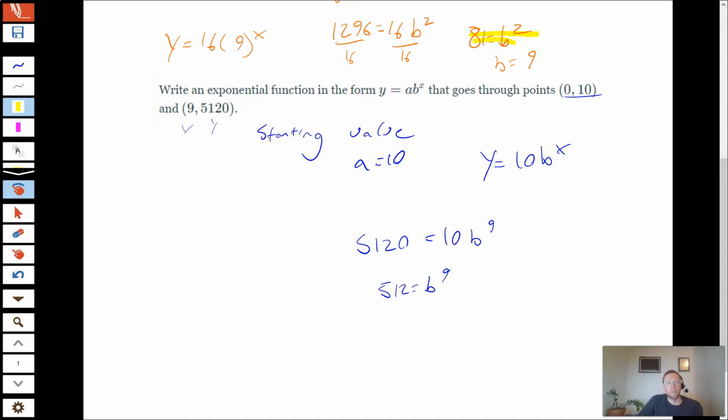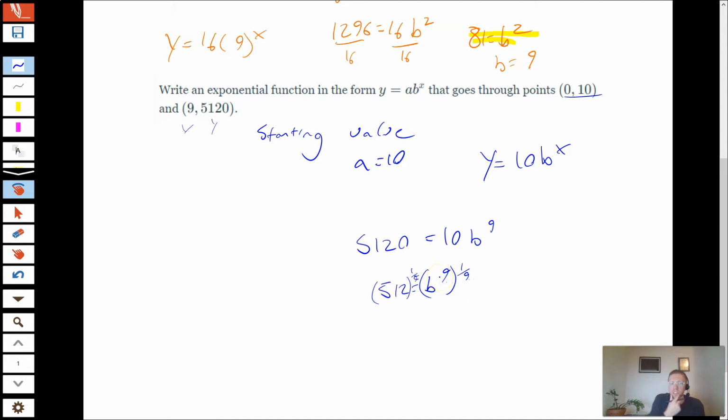There's a couple of different ways you can tackle this on your calculator. The easiest way, I think, is to raise it to the 1/9 power on both sides. You probably know the rule that when you have a power raised to a power, you multiply. 1/9 times 9 is 1, so that cancels out.